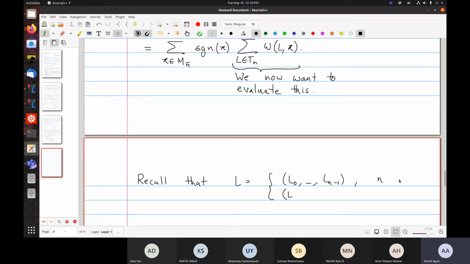No, sorry, that is correct, because these are n total paths, so this should be n. And L1 up to Ln minus 1 if n is odd, because this is n minus 1 paths. Yeah, sorry, it confused me. Let's check my notes.